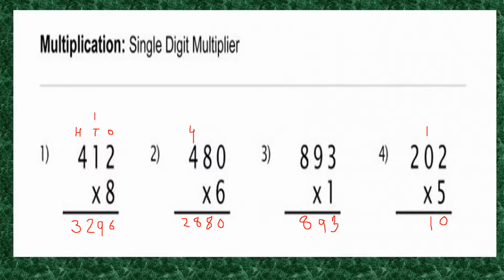As carry will be 1, but you can directly write it because 5 zeros are 0 and 0 plus 1 will be 1 only. So whenever 0 will be there, you just write the carry here in the product part directly. Then 5 2s are 10. So what is your answer? 1010. I'll write once again, children, here. So 1010 after multiplying 202 with 5.